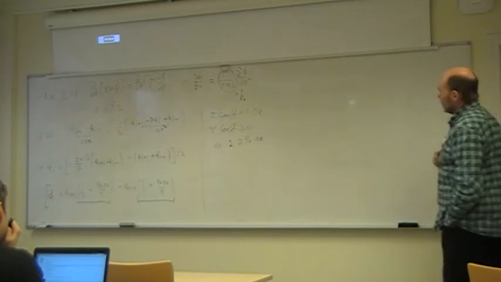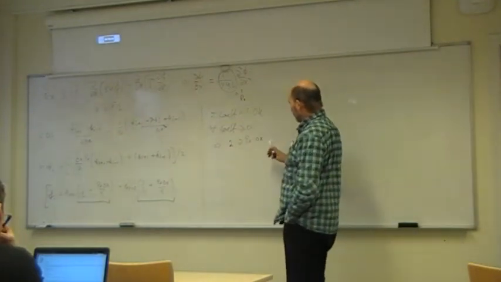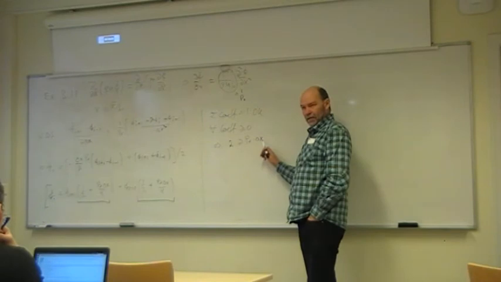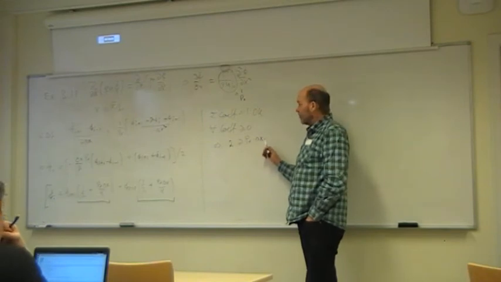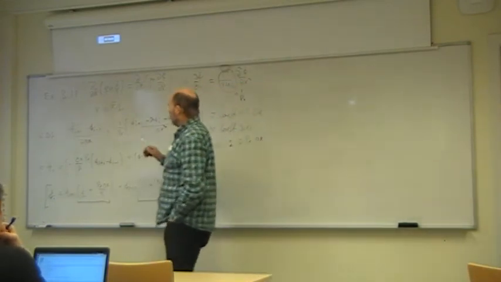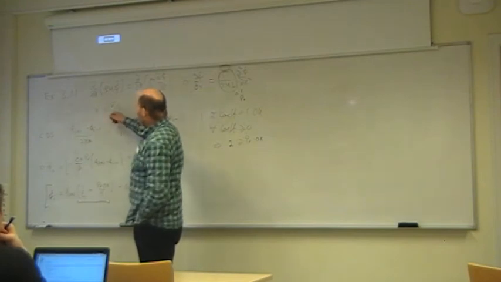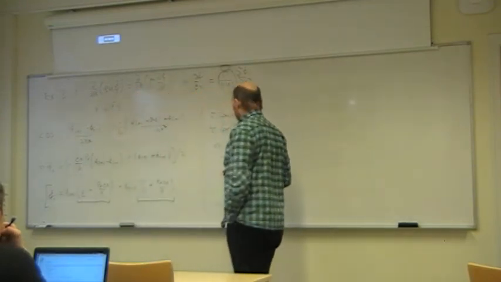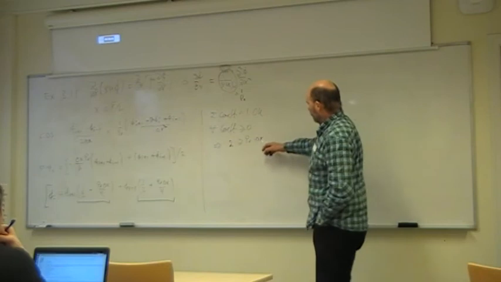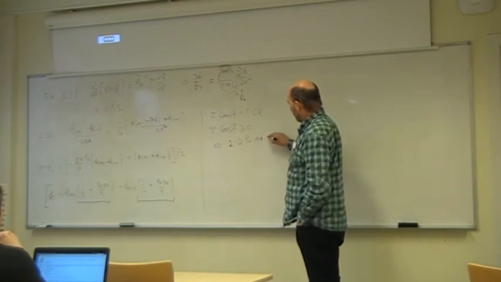Now, what will that mean? Well, remember my x here, that is non-dimensional distance. So that's actually the real x divided by L. So if you insert here, what do you get?